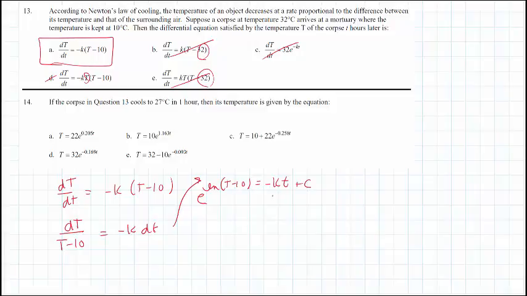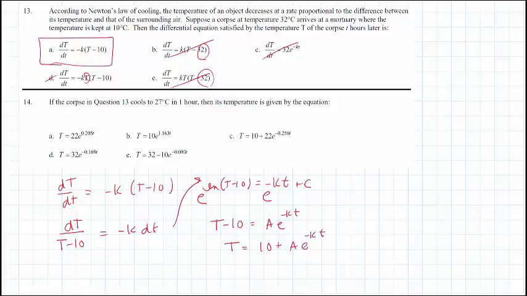If we take both of these sides to the power of e, we end up with big T minus 10 is equal to A e to the negative kt, or that big T is equal to 10 plus A e to the negative kt.